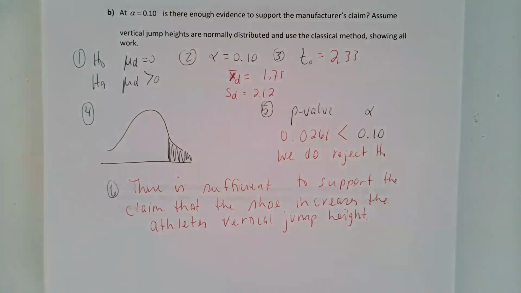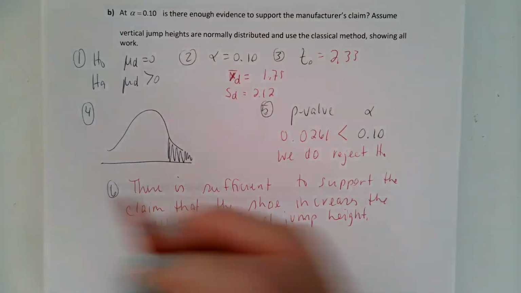So we do reject H0, so there is sufficient evidence. And I missed the word evidence.